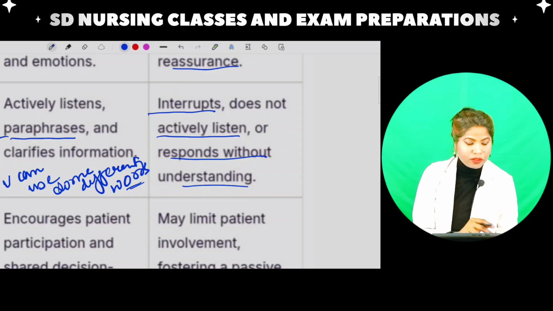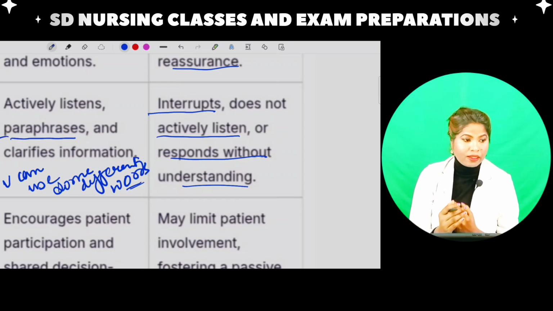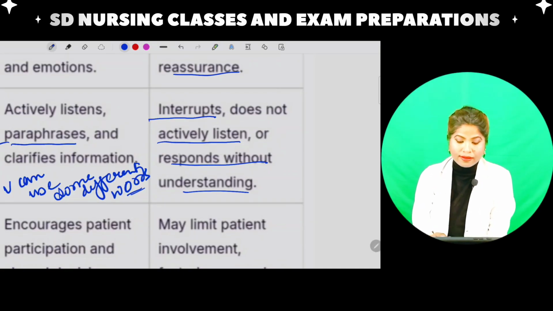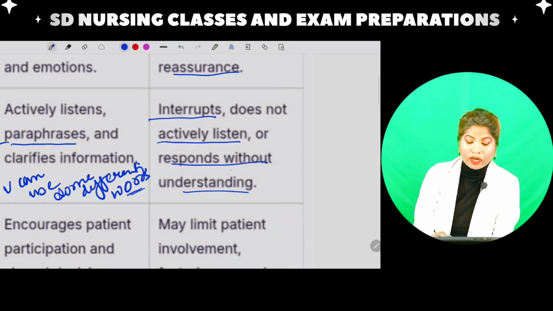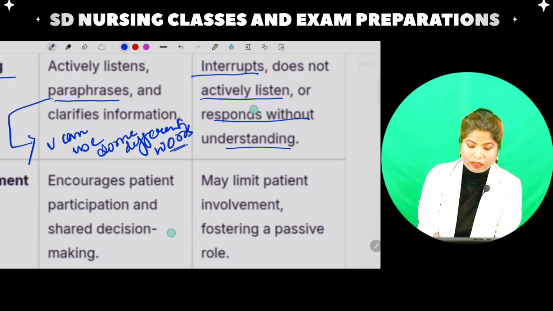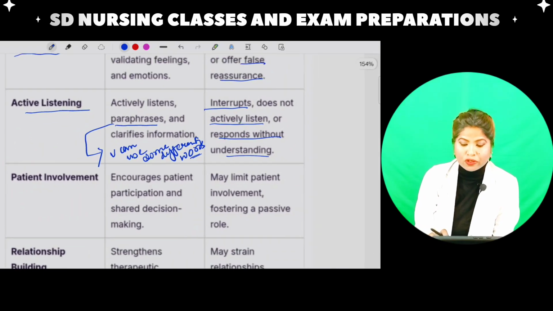I have to give this medicine to the patient, I have to do this for the patient, that much only. But no empathy, no emotion, you are just doing your work, responding to the patient without understanding. So this is all about non-therapeutic communication.